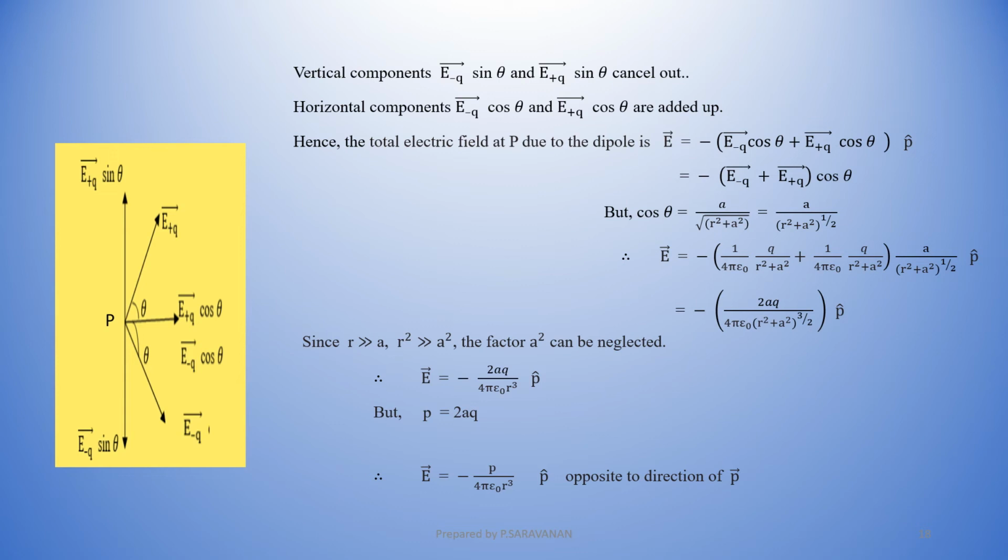Therefore, for the total electric field E vector, by substituting all the factors, and substituting p equal to 2aq for the dipole moment, the final expression for the electric field is found to be E vector equal to minus of p by 4 pi epsilon naught r cube into p cap. And this electric field will be acting towards the right hand side and opposite to the direction of the dipole moment.